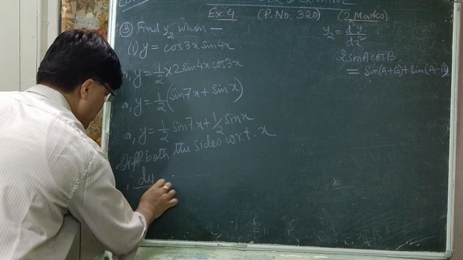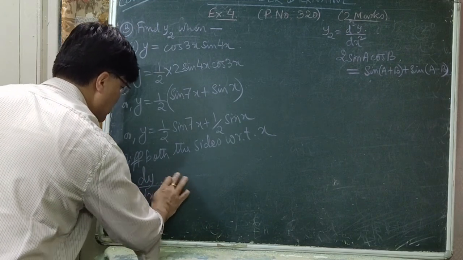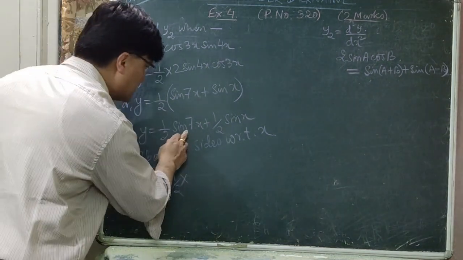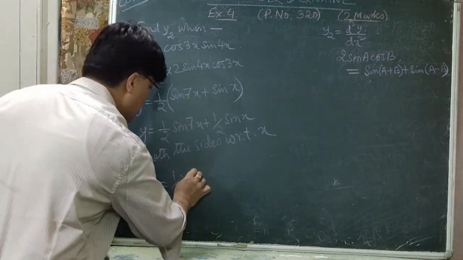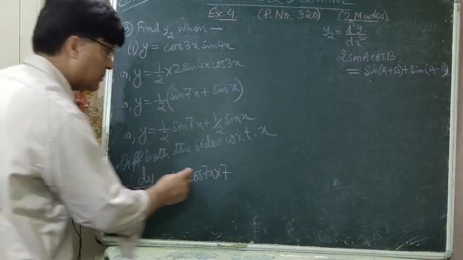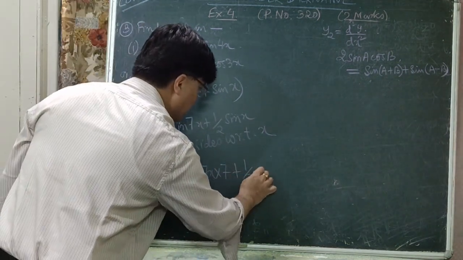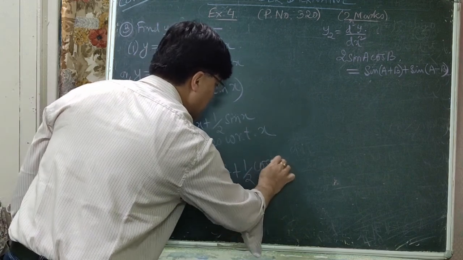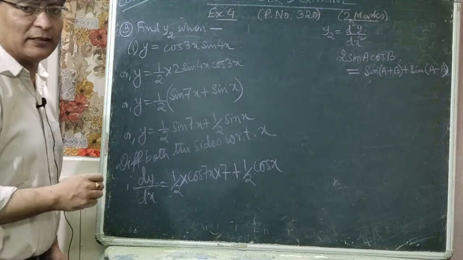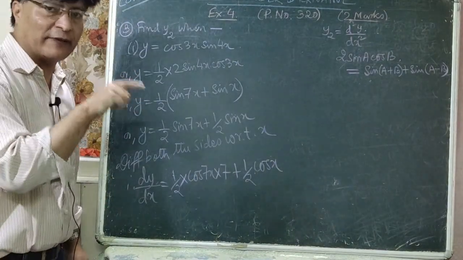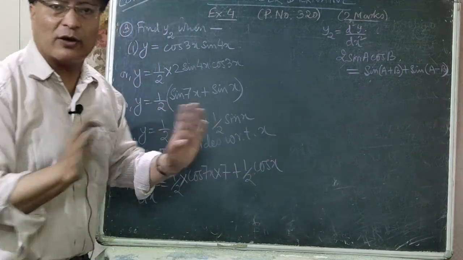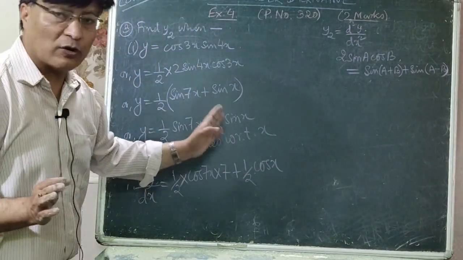Therefore dy by dx is equal to half into, now differentiating sine 7x with respect to x, it is cos 7x into 7, you know that, plus half into, what is the differentiation of sine x? It is only cos x. Why is x not differentiated here? Because differentiation of x with respect to x is 1. That's why into 1 is not written here. So it is half cos x.